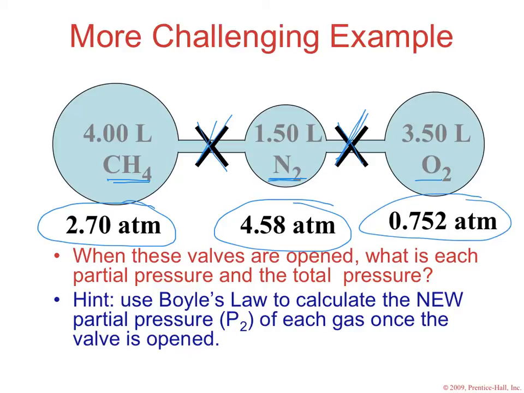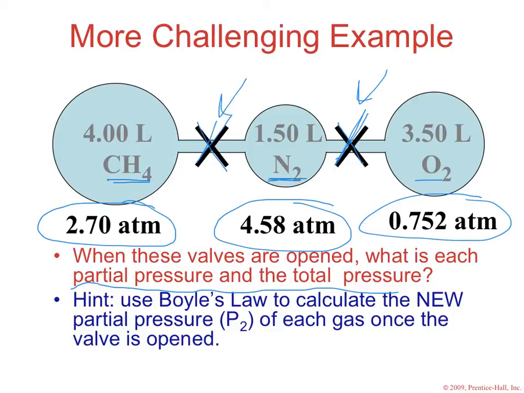And if the valves are opened, the gases are all going to diffuse and mix with one another. And the question says, what is the partial pressure of each gas and the total pressure once the valves are open? So, as a hint, you need to ask yourself, what's changing when you open the valves?